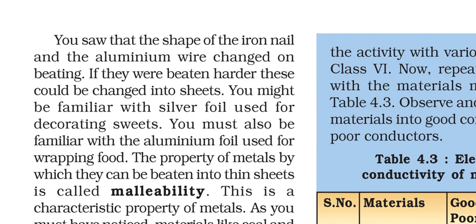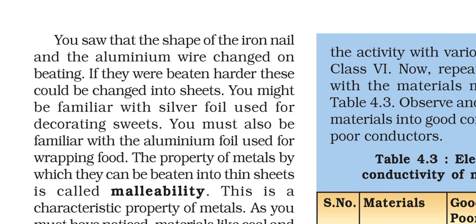For example, in the bakery, on the top of the sweets some silver colored coating will be there, right? That silver coating is nothing but aluminum foil, which is made in the form of a sheet. It is beaten down into a sheet. Also you may get the aluminum foil which is used for wrapping of food.